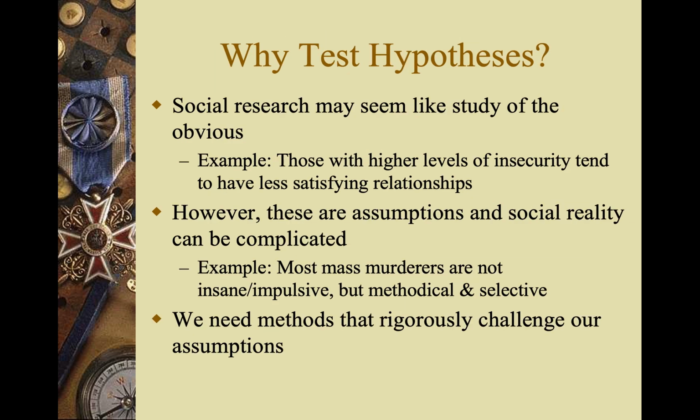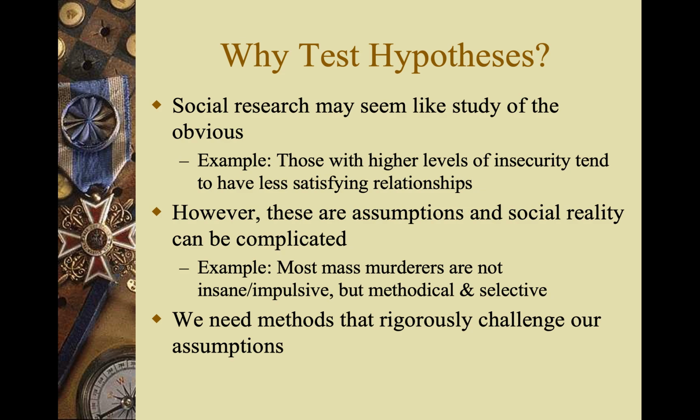So why do we want to test our hypothesis? Why are we interested in studying these problems? Social research oftentimes seems like we're studying the obvious, but things aren't always as they seem. An example of something obvious might be that those with higher levels of insecurity tend to have less satisfying relationships.